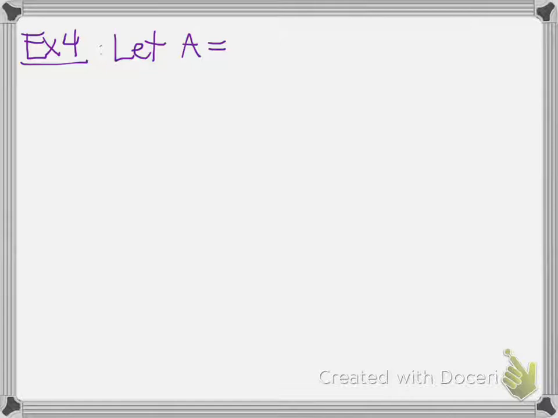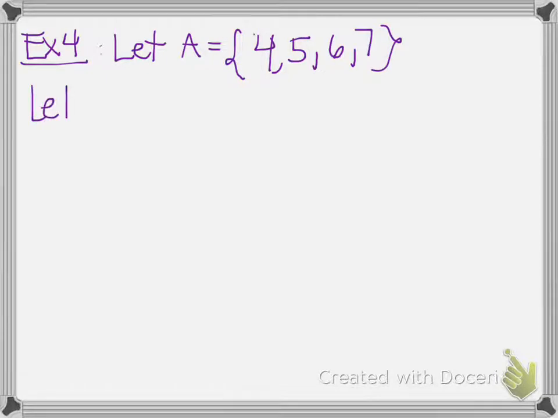So let A equal the set, sorry, my brackets are looking funny with the stylus, 4, 5, 6, and 7. Okay, let A equal {4, 5, 6, 7}, and let T be the equivalence relation.